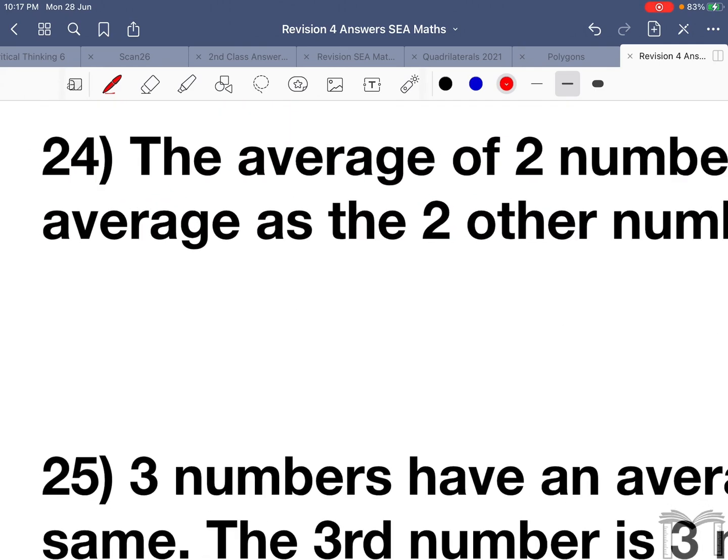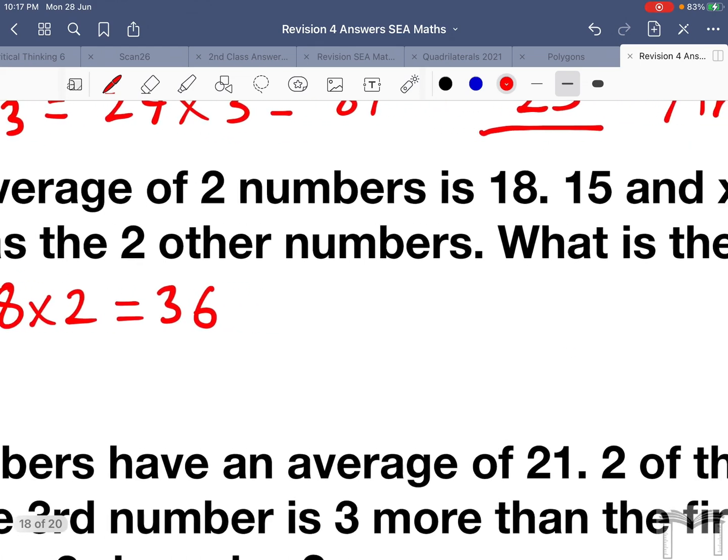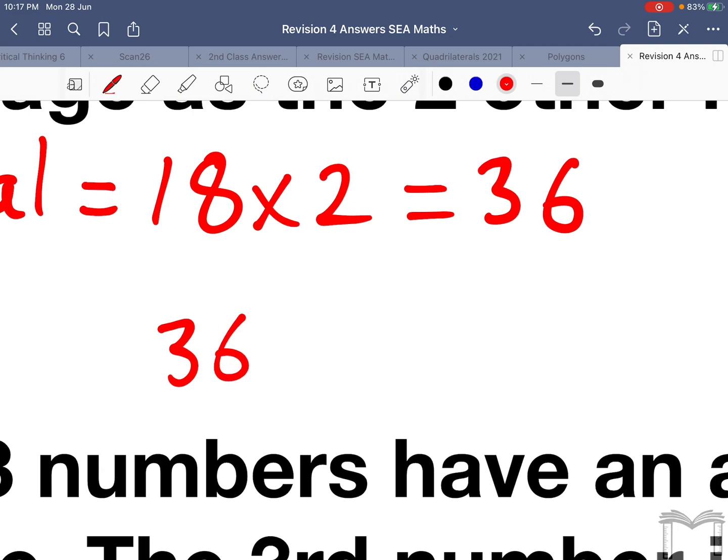So what is the total for the first 2 numbers? It is the average, which is 18, times the amount of numbers, which is 2. So 18 times 2 is equal to 36. So 36 is equal to 15 plus the missing number, which we call x.